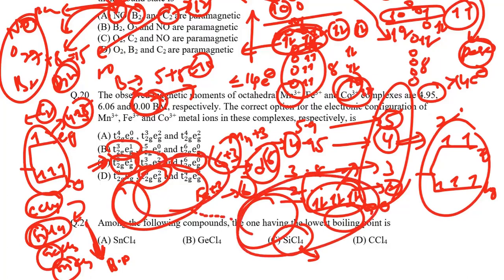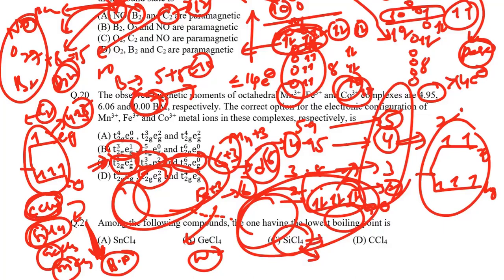That's why we can expect high boiling points as we move down from silicon tetrachloride to tin tetrachloride, due to increasing van der Waals forces between the molecules. Carbon tetrachloride has a higher boiling point when compared with silicon tetrachloride.